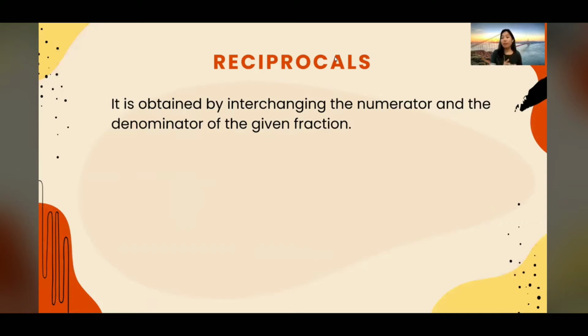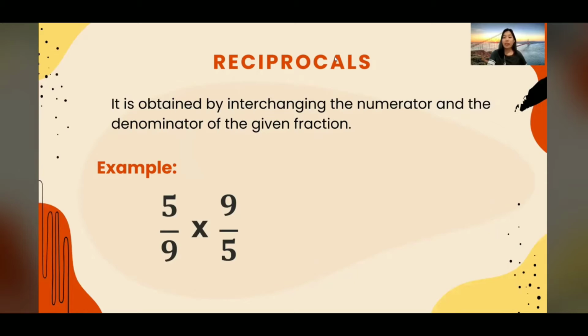So if the numerator is 1 and the denominator is 2, we will make our numerator the denominator, and the denominator will be our new numerator. So for example, 5 ninths, right? So just like what I told you earlier, our numerator will now be the denominator, and the denominator will now be the numerator. We will invert them, interchange them, all right? So 9/5. So if we are gonna check if this one is correct, we have to assure that the answer when we multiply these fractions is 1.